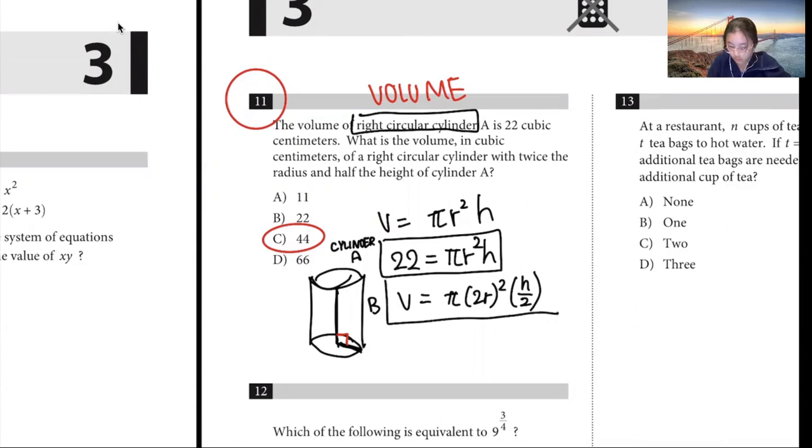And what you want to do is expand the cylinder B equation so that you do all the squares and cubes if there are cubes, and since they're all multiplied together, you can move it around, unlike plus and minuses and those messy equations.